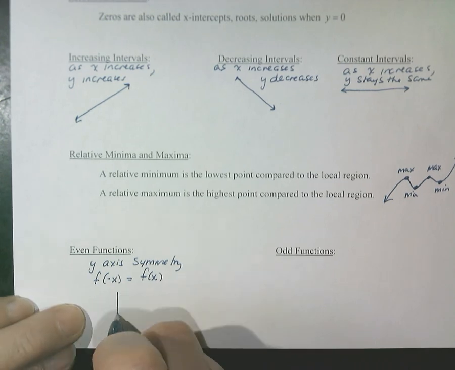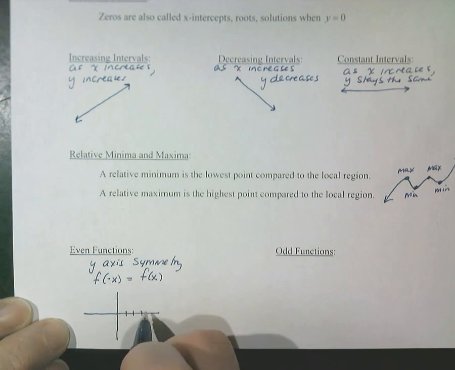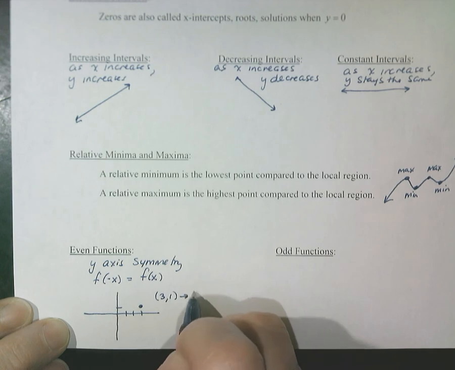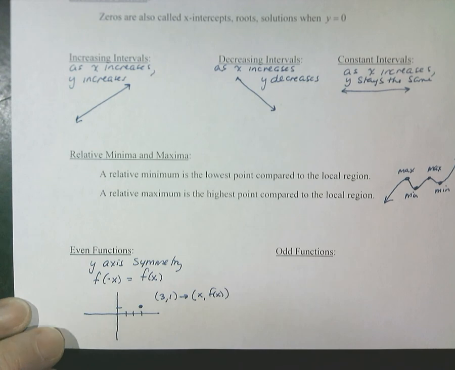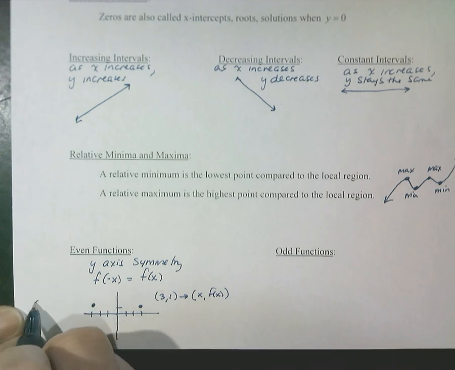So if I had this point, say I had this point 3, 1. So 3, 1 is what I would refer to as x, f of x. If I made the x negative, it comes over here. It's the point negative 3, 1.